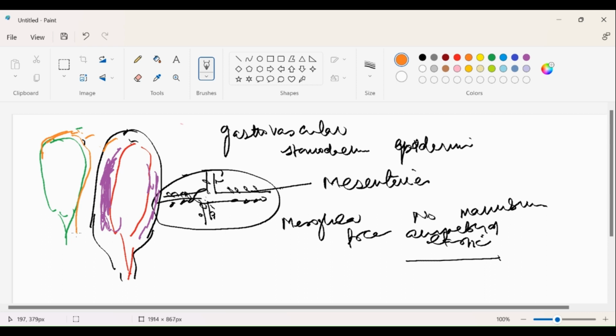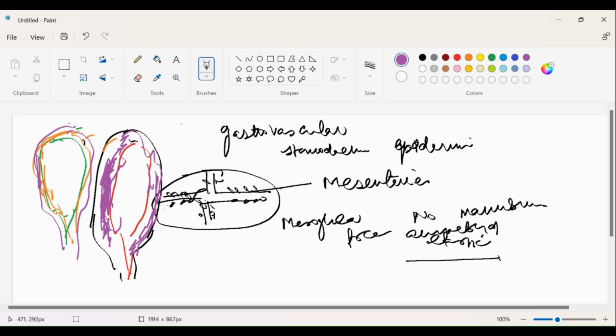This is the mesoglea of the hydrozoan polyp, and this is the outer layer. For your comparison, you can see the mesoglea I've made for the anthozoan is much thicker. So that is the difference.